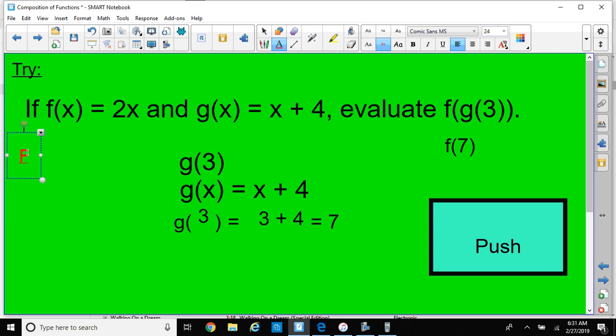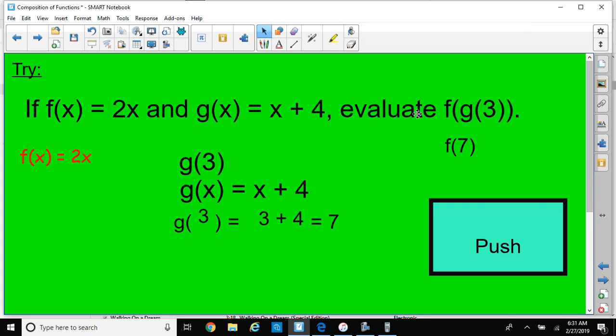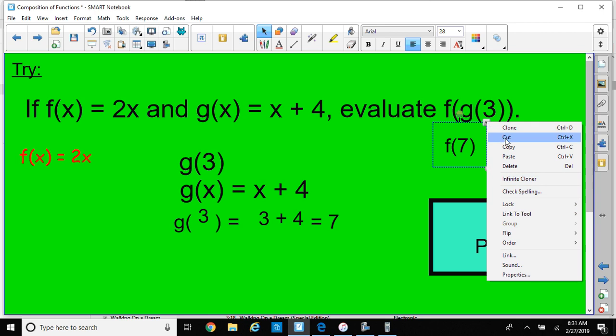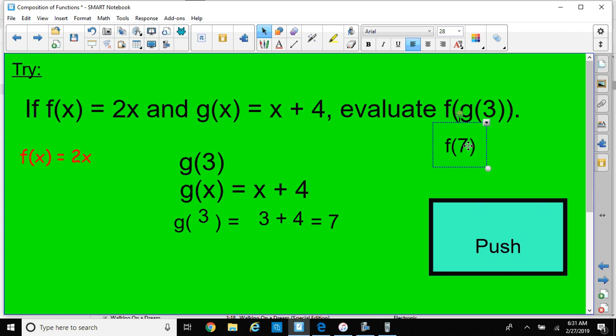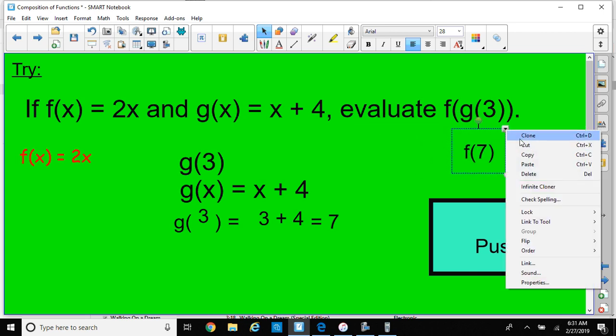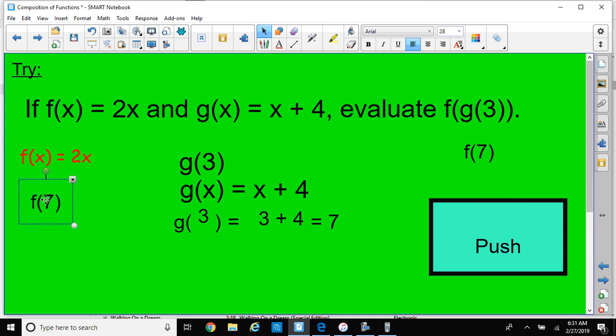f of x is equal to 2x. And now remember, we now know that we have a replacement of f of 7, because where did we get the 7 from? We got the 7 from the g of 3 when we solved it.